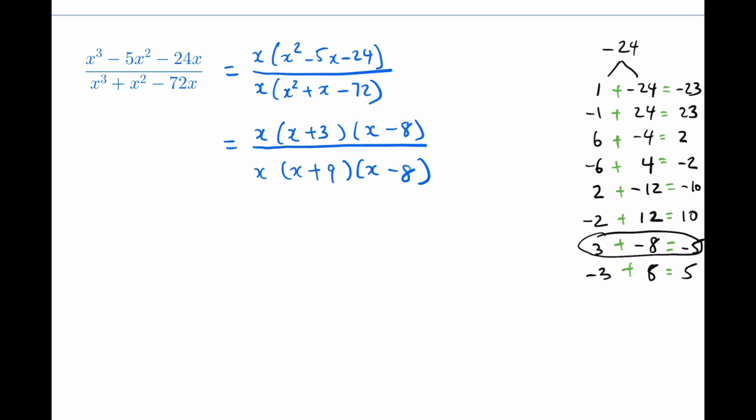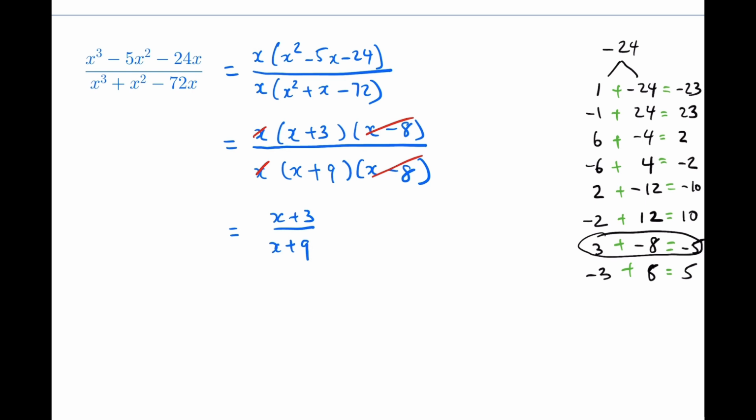Okay, so continuing on with simplifying this rational expression, you see that we have an x up here and x down here, and so we can go ahead and cancel those because they come out to 1, and then we have an x minus 8 and an x minus 8 down here, and so we can cancel those, and so my final answer is x plus 3 over x plus 9.